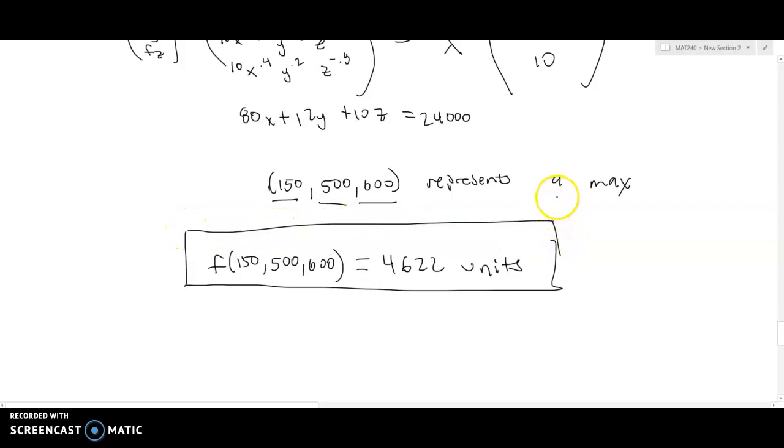Once again, we could verify this value, but given that it's in 3 dimensions, it would get a little tricky to make this verification. And for all intents and purposes, we're practicing these ideas, and it's okay to stop a little bit short of that process and just acknowledge that this will, in fact, be the maximum that we can do. Any more units, and we'll exceed the budget constraint. Yes, we'll be able to produce more, but we need to make sure that we do fall within that budget constraint.